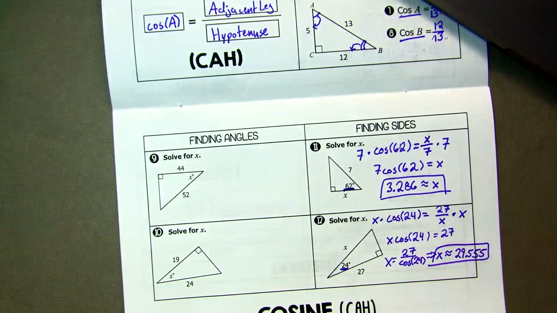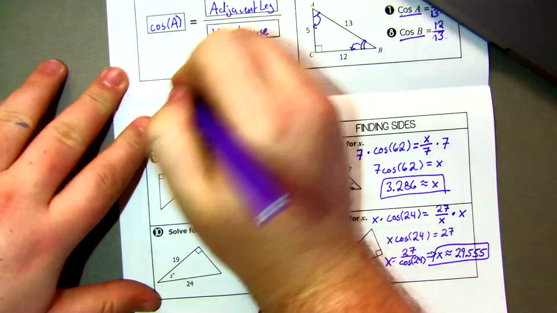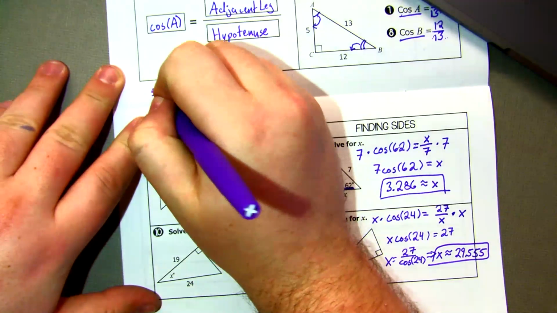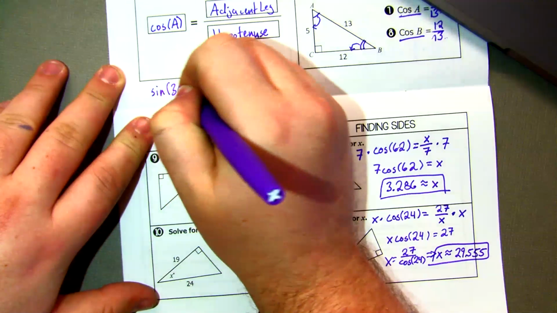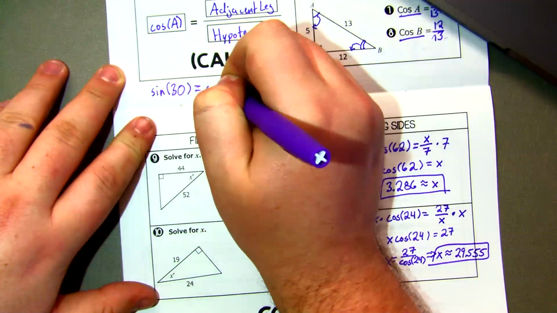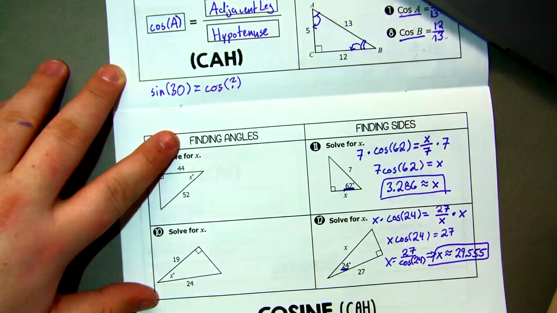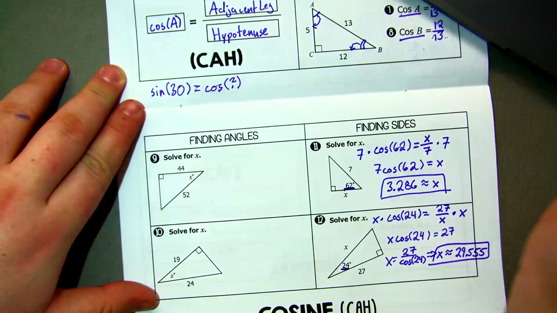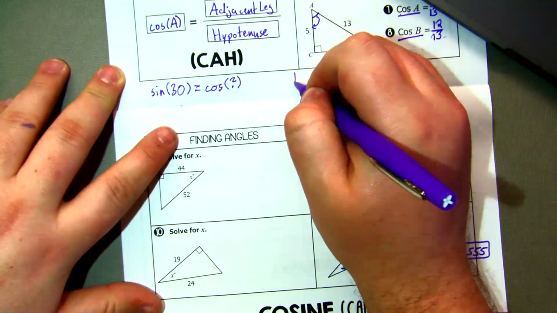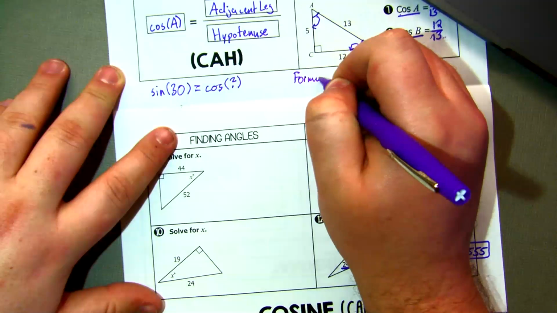Before we go on, one of the things you could be hit with is they could ask you sine of 30 degrees equals cosine of what? Have no fear, we have a formula. Our formula, and it works the other way too.